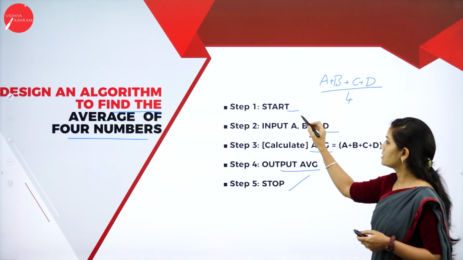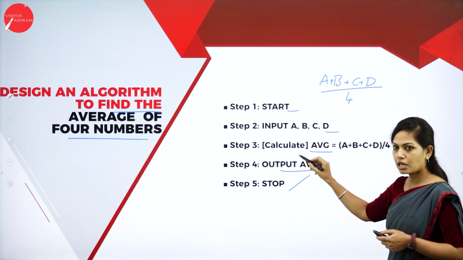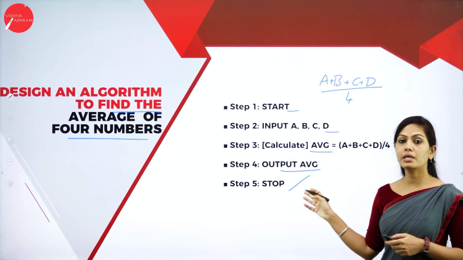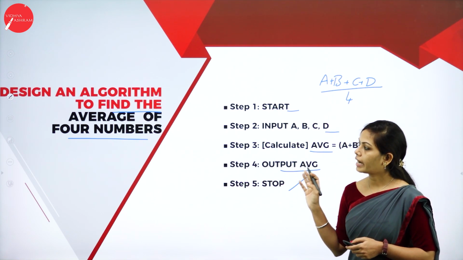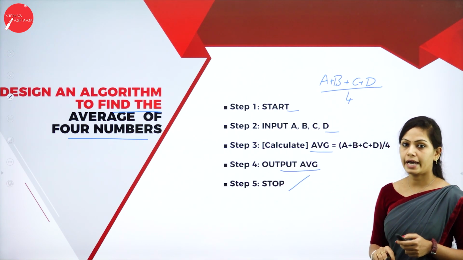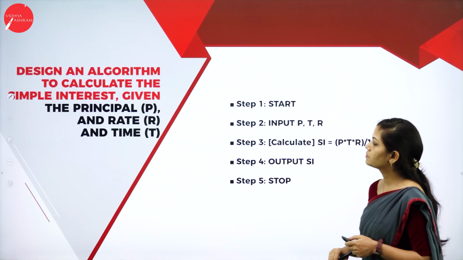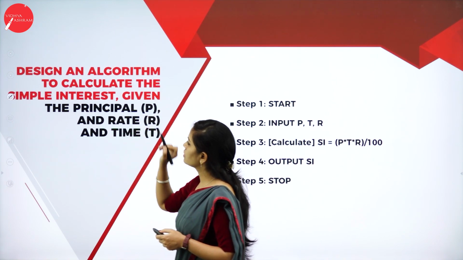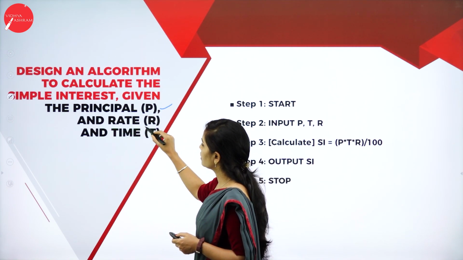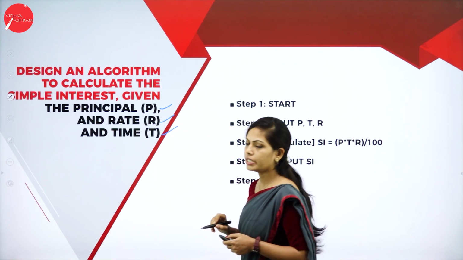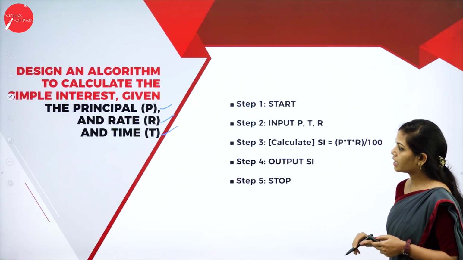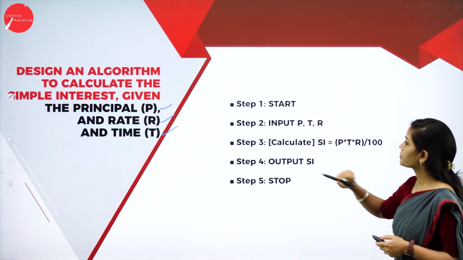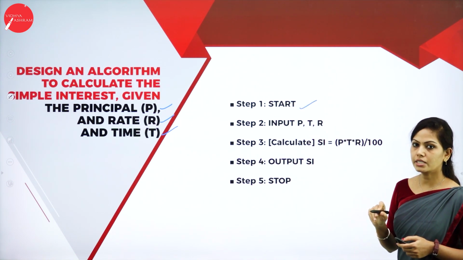So the first step is start, input data and logic, and output data and stop. So this is a very simple algorithm to find the average of 4 numbers. And the next example is to design an algorithm to calculate the simple interest given the principal P, rate R and time T. The given data are principal, rate and time, that is P, R, T. So step 1 is start.